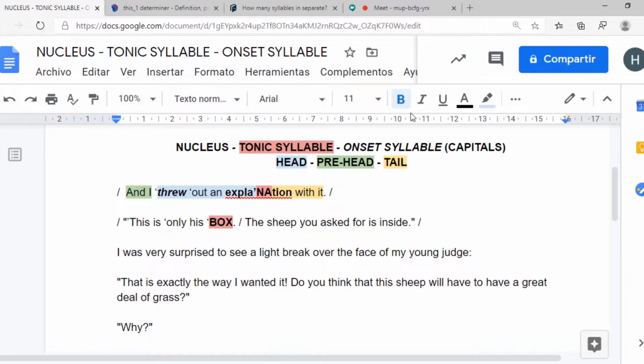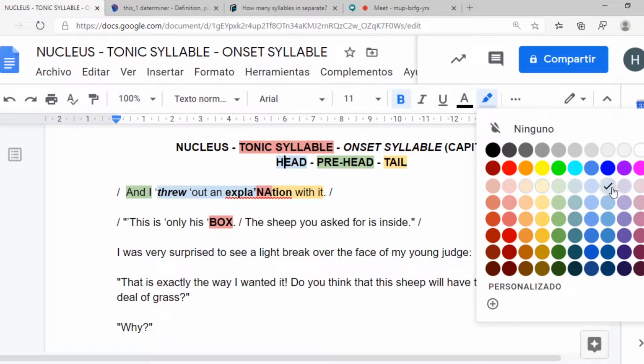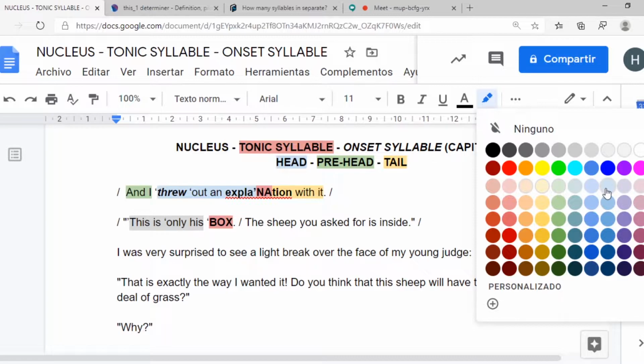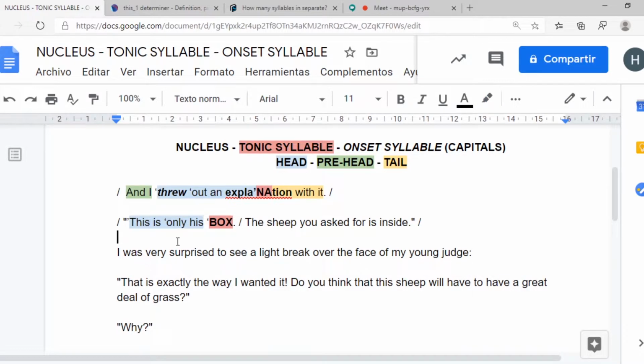I will check the color first. It is azul claro. Okay, so I will highlight this with azul claro. Okay, so this is my head. I don't have any prehead because I don't have any unstressed syllable before the first stressed syllable.